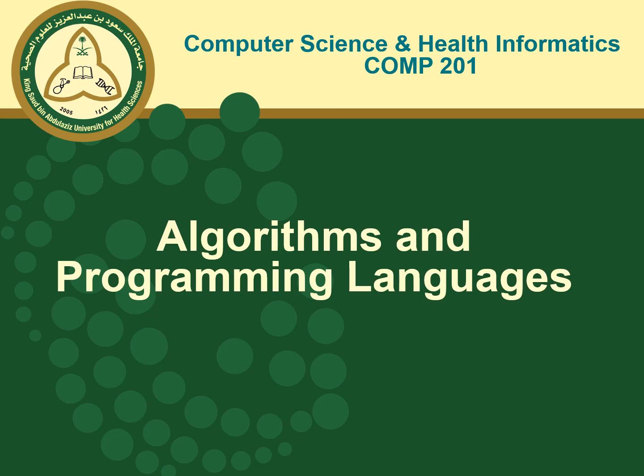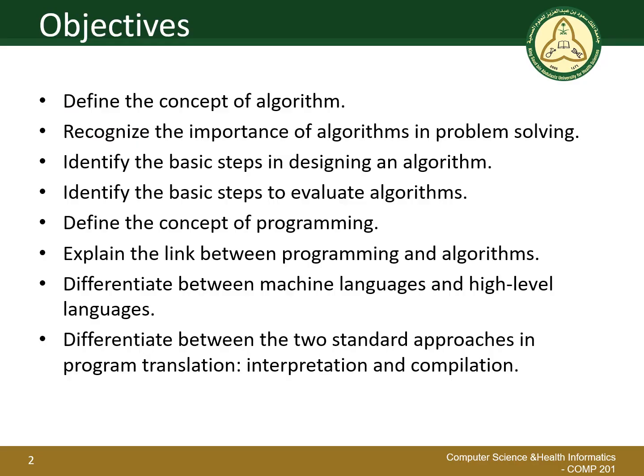Our topic for this week is algorithms and programming languages. The objectives of this topic: we will define the concept of algorithm, then the importance of these algorithms. Also, we will identify the steps to design and evaluate an algorithm.